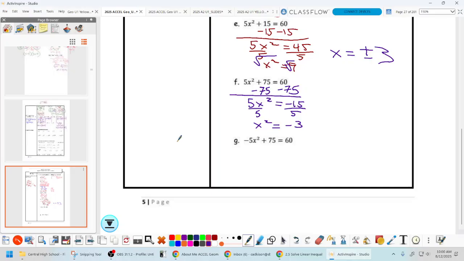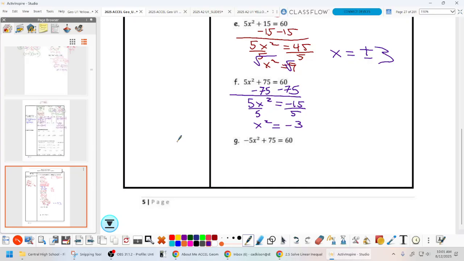Because it doesn't exist within these real numbers. Is there a number times itself that gives a negative? No, because any time you multiply a number by itself, it becomes positive, right? Whether it's negative or positive, if you multiply it by itself, it's positive.